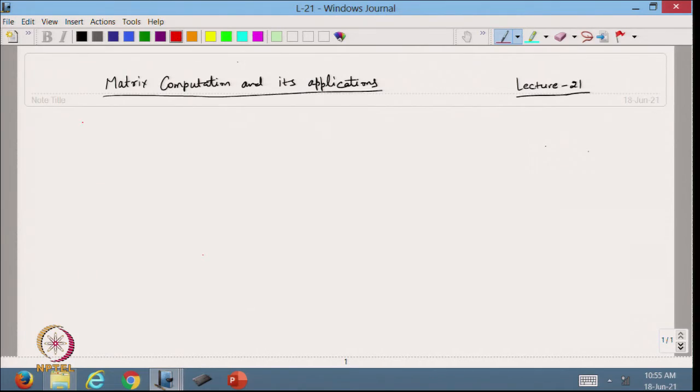So, today we are going to write one definition about the left hand null space. Left hand null space means we are talking about a transformation.